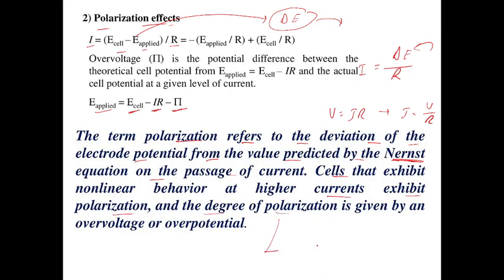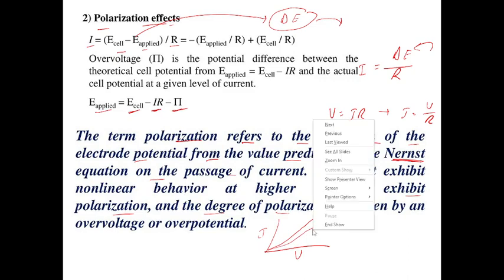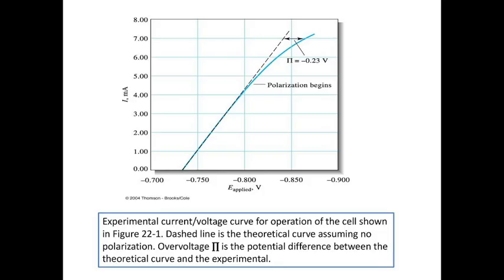What we discussed now, this curve should be like that. As you are increasing voltage, the current should increase like that, but it is not, it is something like that. So this can be explained by polarization.